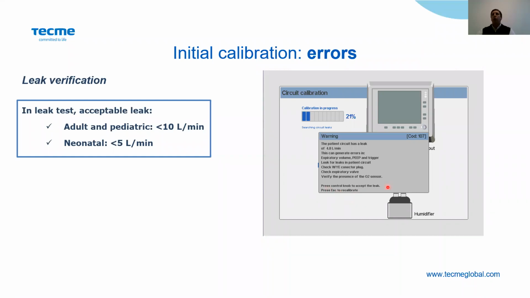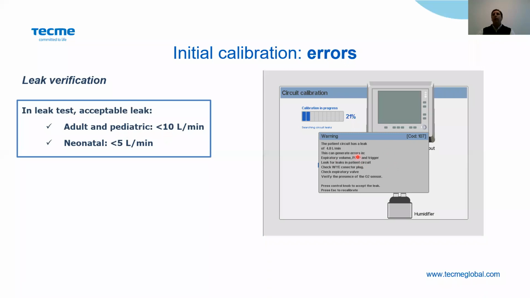If you continue with the calibration, you will make up this error. So take care. We recommend always to start the ventilation without any error during the initial calibration. But as we know that sometimes there is an emergency, we will allow you to continue with the calibration when the leakage is below this limit.